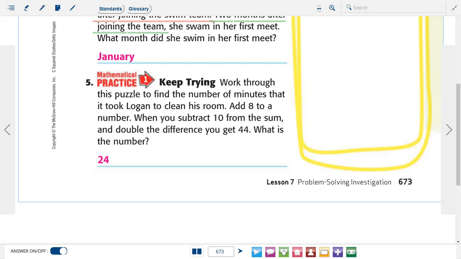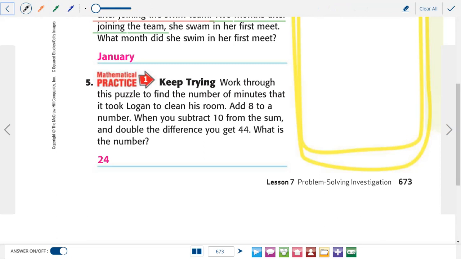Now this 22, we know that we subtracted 10 from. So now it is 32. Now we know that this 32, we added 8 to it. So again, we added 8 to 32. So now we're going to subtract it and the answer is 24. I will write it here step by step for you.